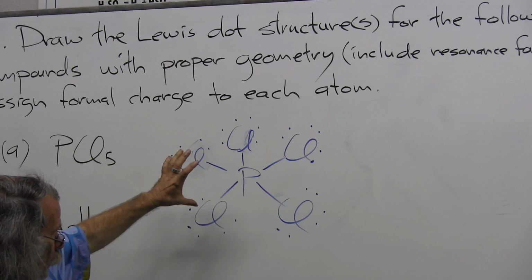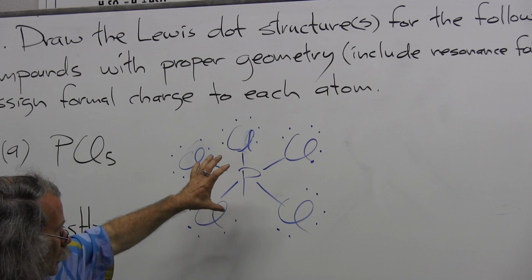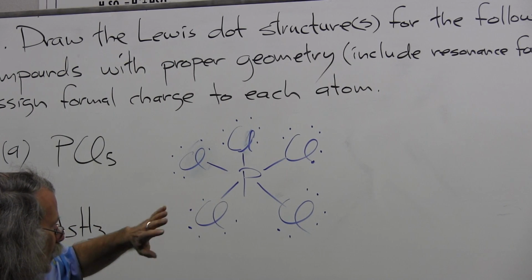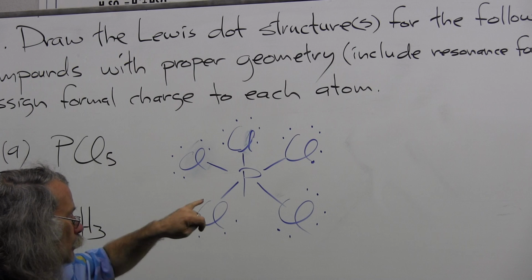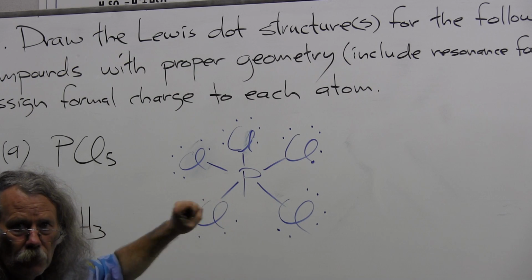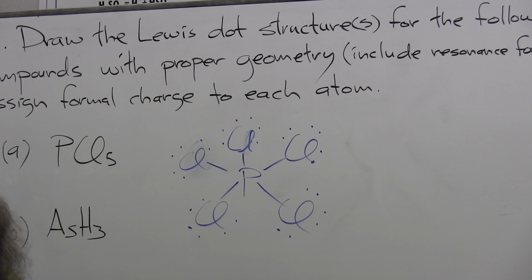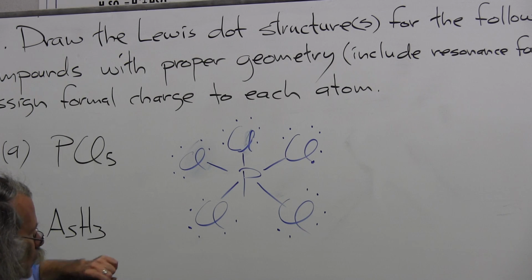When we're counting bonding pairs, a single bond is the same as a double bond, is the same as a triple bond. Each counts as only one pair. Oh, well, first, no, let's finish Lewis.